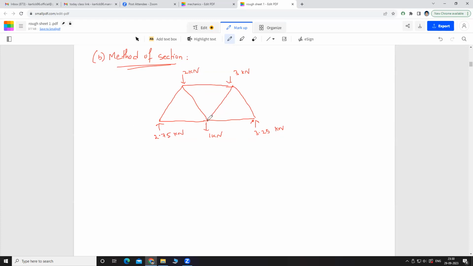actually. So first of all, in the method of section, we need to take a section by random cutting.